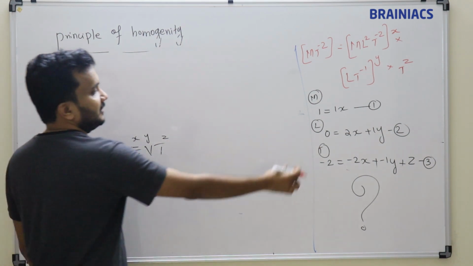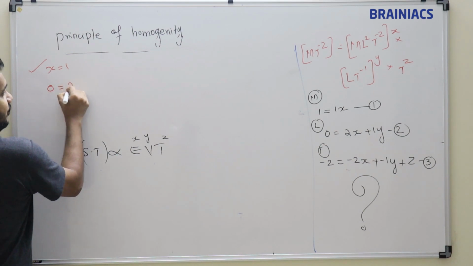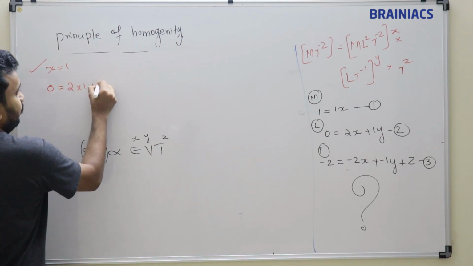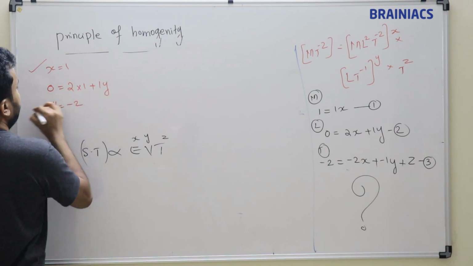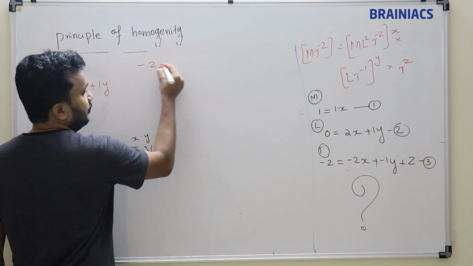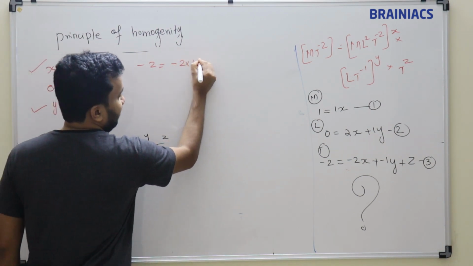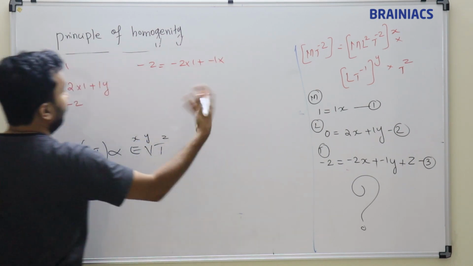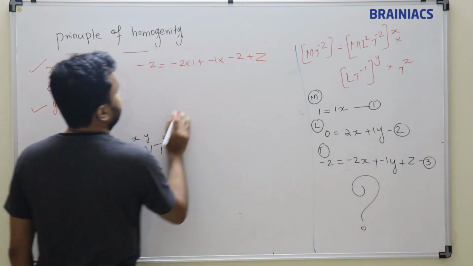If I substitute x equal to 1 in the second equation, what will I get? 0 equals 2 into 1 plus 1y, so y will be minus 2. And in the third equation, minus 2 equals minus 2x, x is 1, so minus 2 into 1 plus minus 1 into y, the value of y is also minus 2, plus z.